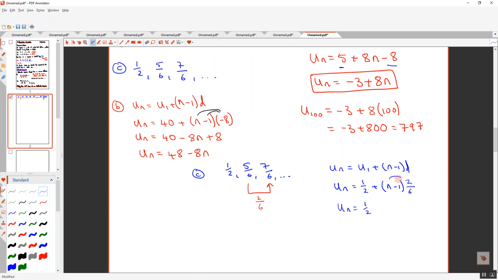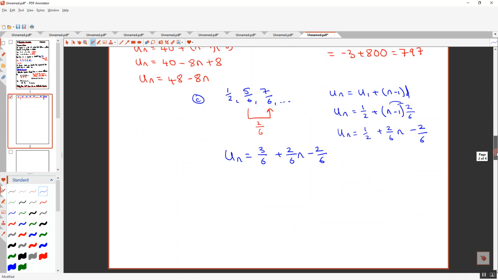So we multiply out our brackets. So I've got 2/6 and minus 2/6. Everything is in sixths here, so I'm going to change my half to how many sixths? 3/6. What is 3/6 take away 2/6? Good.